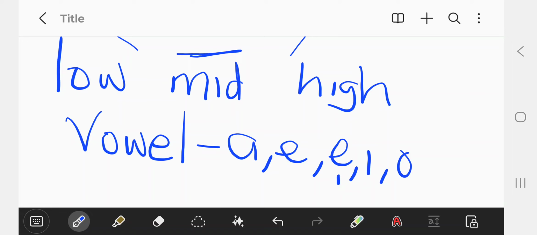This is the Yoruba language. So O, we don't say O, we say O. Then we have O, and lastly we have U. A, E, I, O, U.